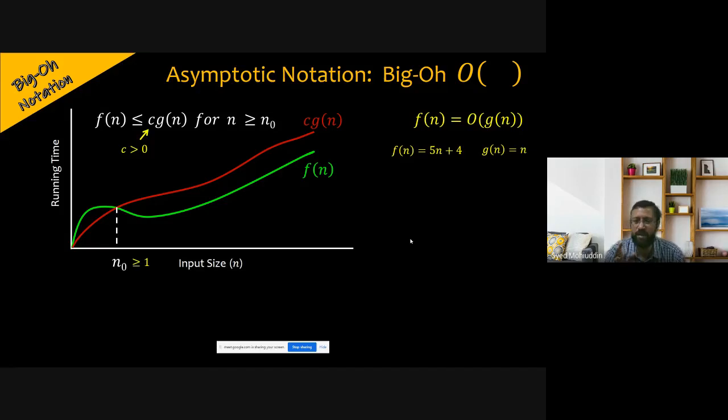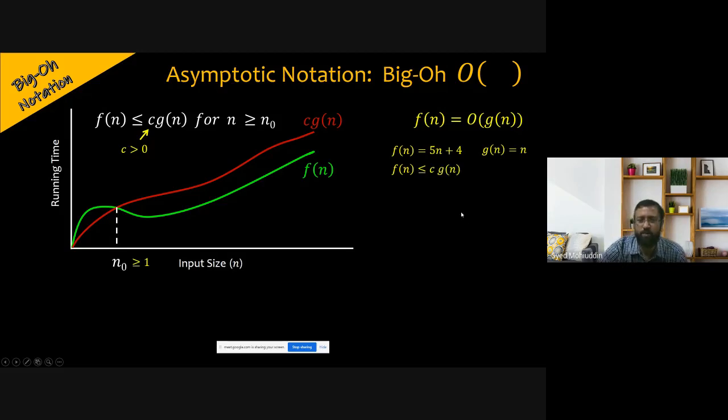So let us say g of n is n. Remember, we have c times g of n in the expression f of n less than or equal to c g of n. Now g of n will not have any constants like f of n has plus 4; that plus 4 is a constant.